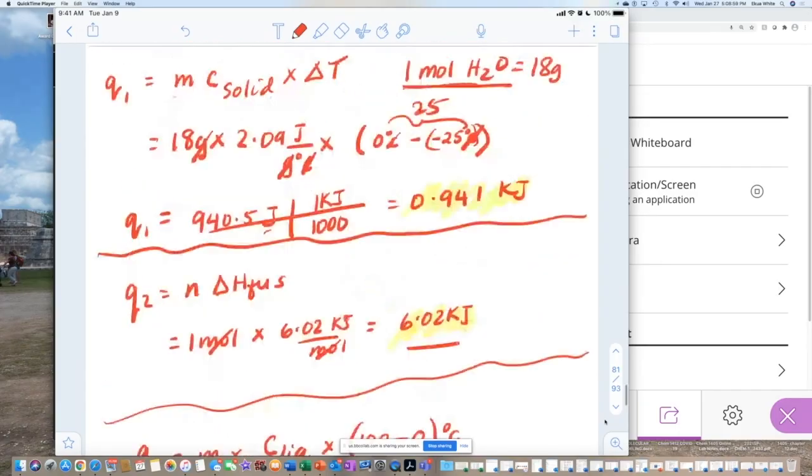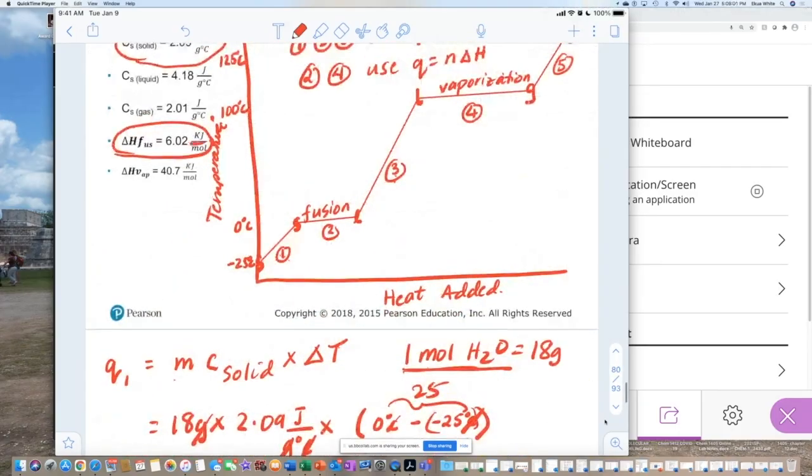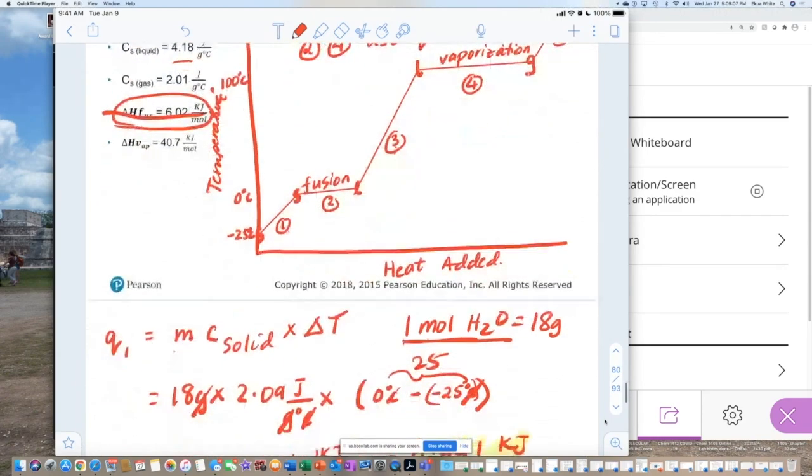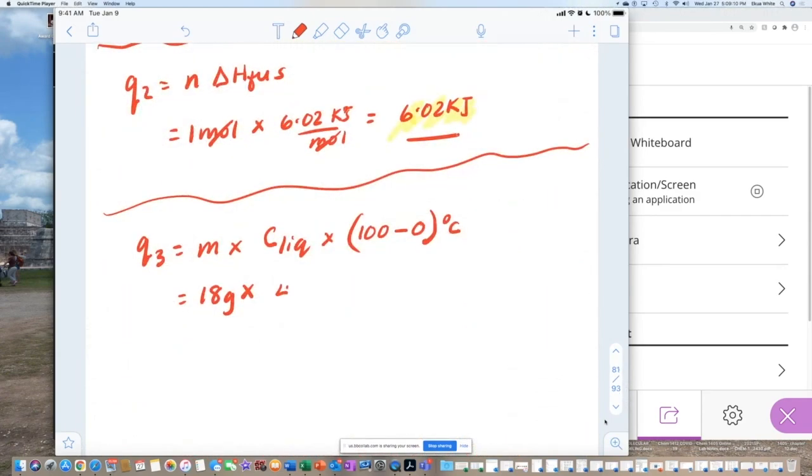I have to find c liquid from the list. C liquid is 4.18. Make sure you don't confuse those c's, right? Because they're all different. 4.18 joules per gram per degree Celsius times, when you subtract this, you get 100 degrees Celsius. Gram and degree Celsius cancel out. We get our answer in joules.